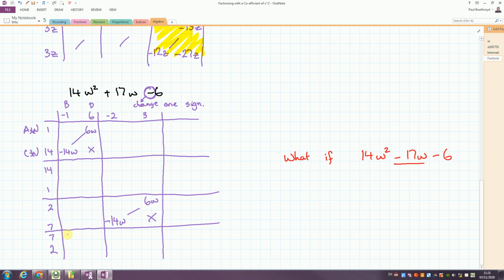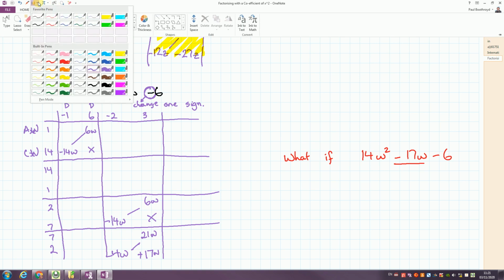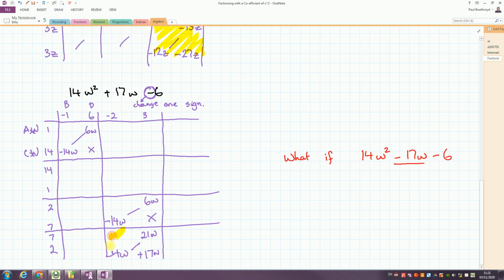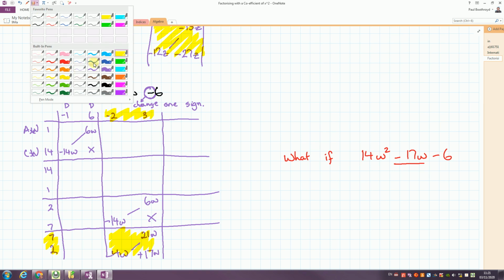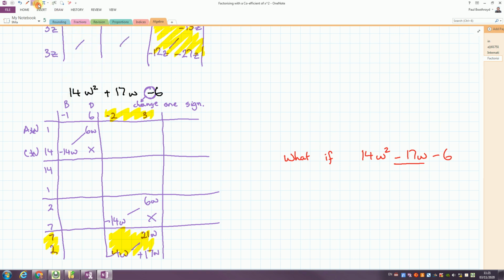Let's try this one. 21W. And 2 times that is -4W. And that gives me a 17W positive. I've got the right square, I've got the right numbers. Here's everything I want. I know what A, X, B, C are. So I can now do AX.